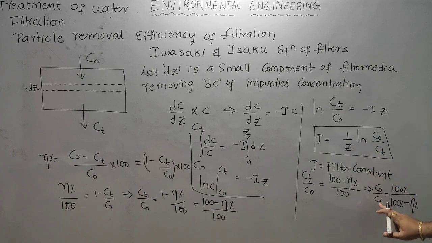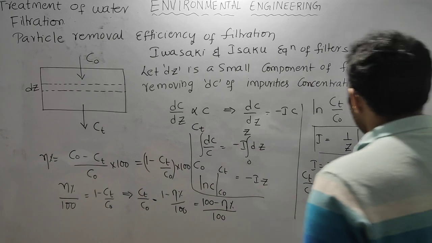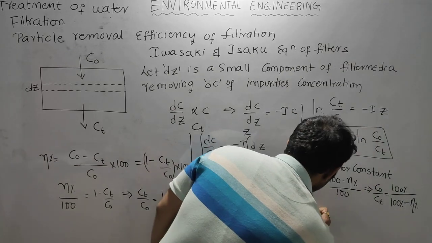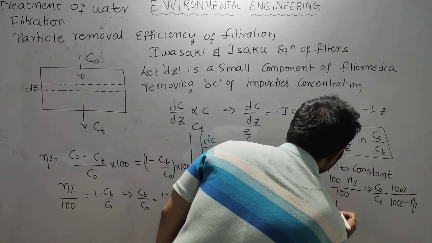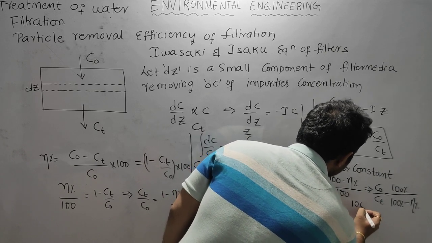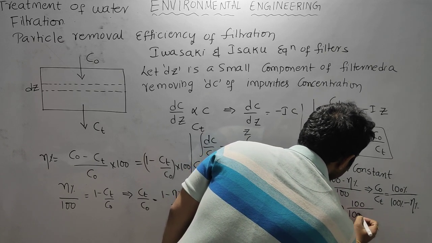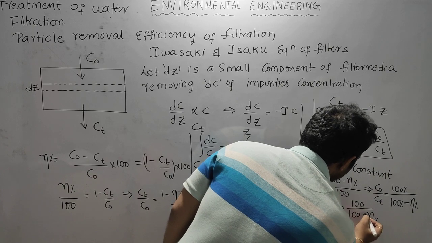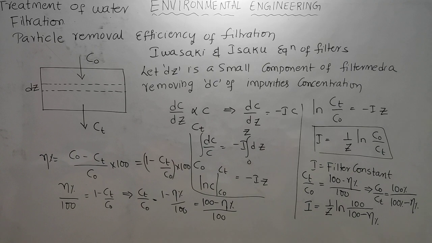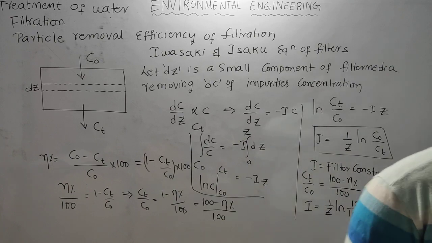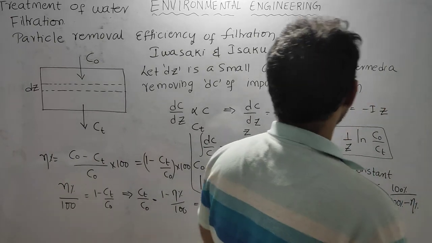Here I can replace C0 by Ct by this. That means the filter constant I is equal to 1 by depth of the filter ln 100 by 100 minus efficiency. The filter constant we can find using simply the efficiency. If you know it, then we can find the filter constant.